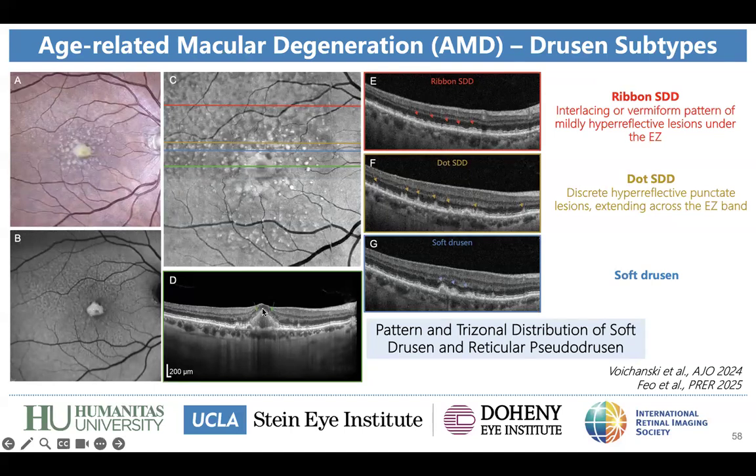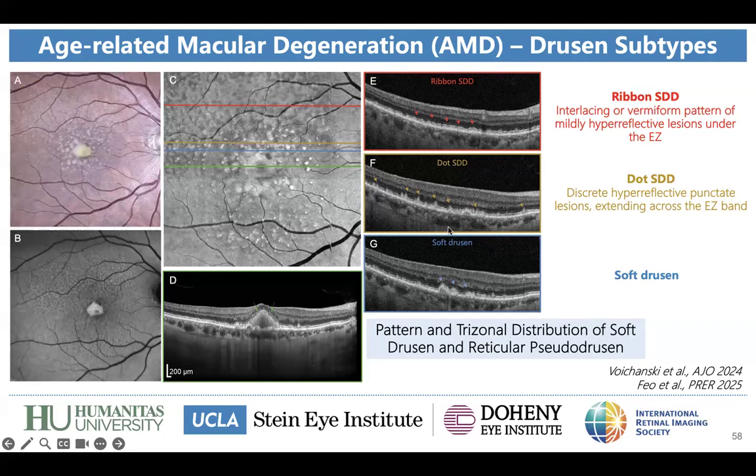You can actually notice the presence of these hyperreflective vitelliform lesions represented by the presence of SHRM in the fovea, surrounded by soft drusen, and two different subtypes of reticular pseudodrusen or subretinal drusenoid deposits, which are represented by the dots and by the ribbons.